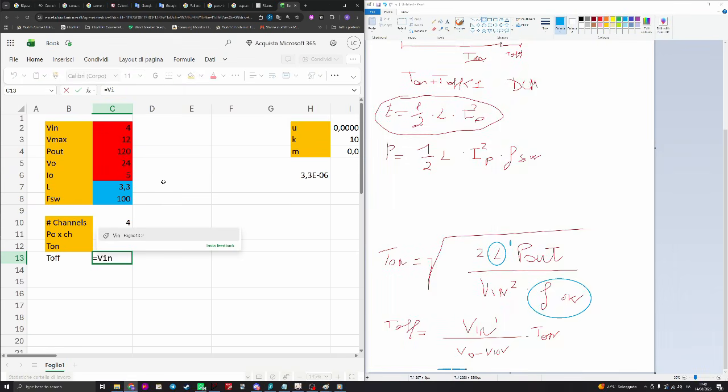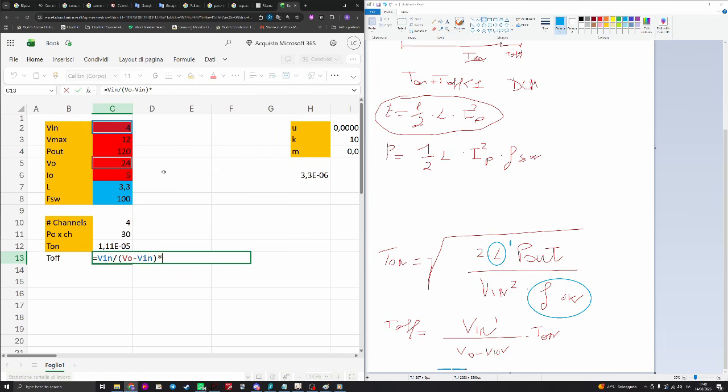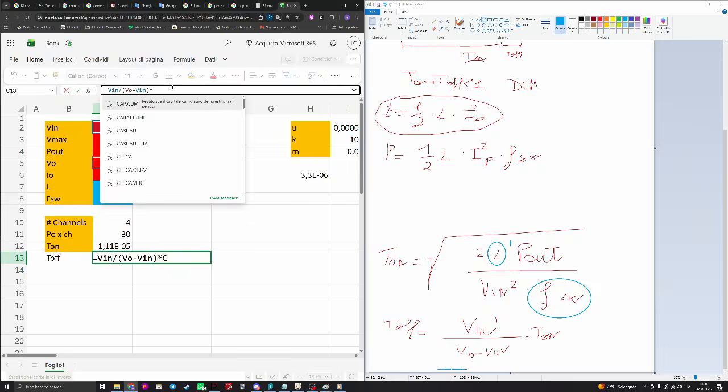Okay, it is equal to V in over VO minus V in times T on. Of course, I forgot to name the T on, but you got the picture. So basically, we call this one T on, as we did before, and we call this times T on.